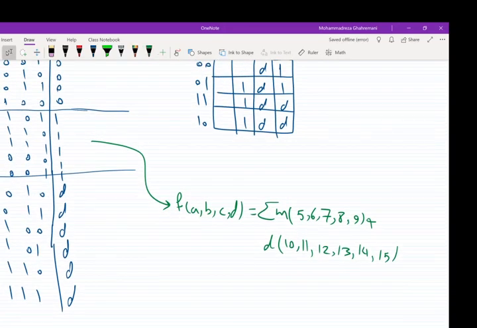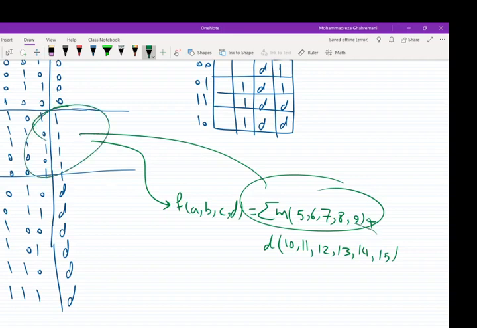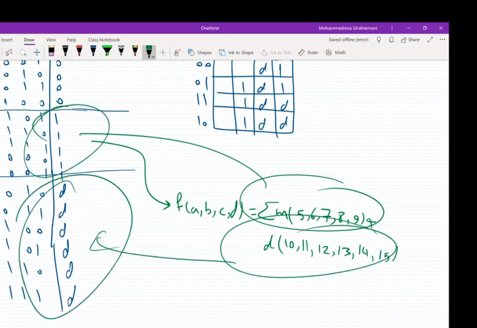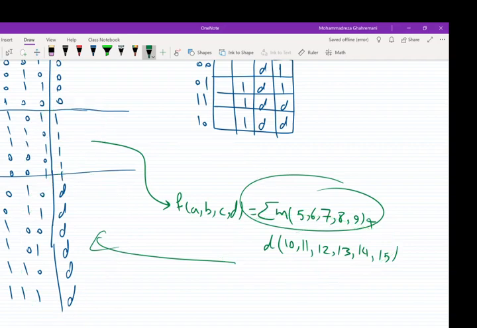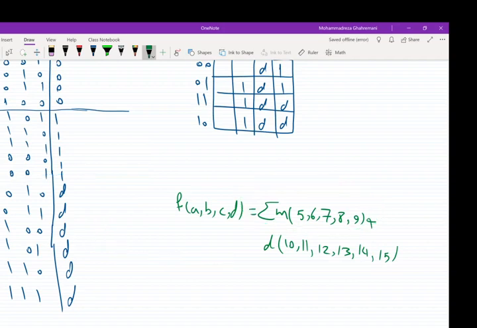Okay, so these minterms are from this part of the circuit, and these don't cares are for this part of the circuit.